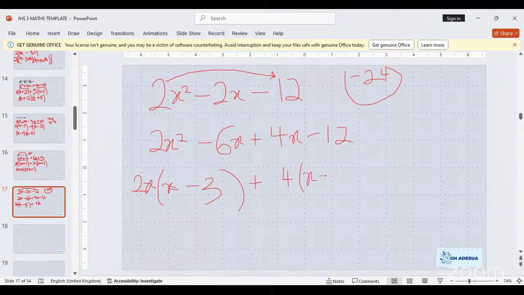Okay. Then x minus 3 into brackets. So open the first bracket, x minus 3, then open bracket 2x plus 4. Close the bracket. Those outside, you use them for another bracket, 2x plus 4.